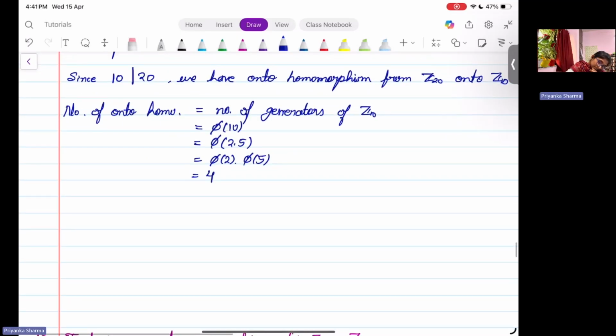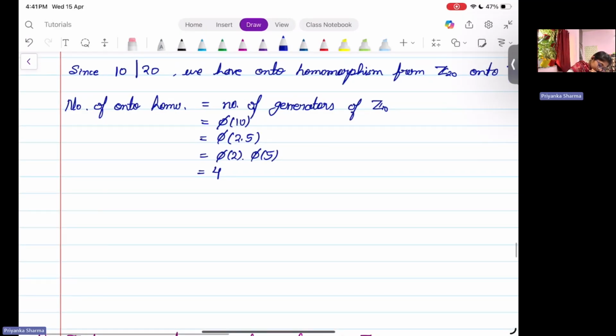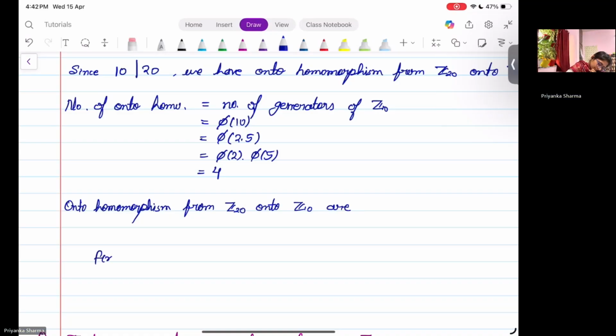So now we list the onto homomorphisms from Z20 onto Z10.